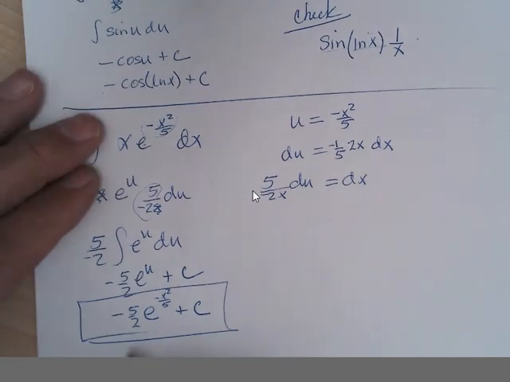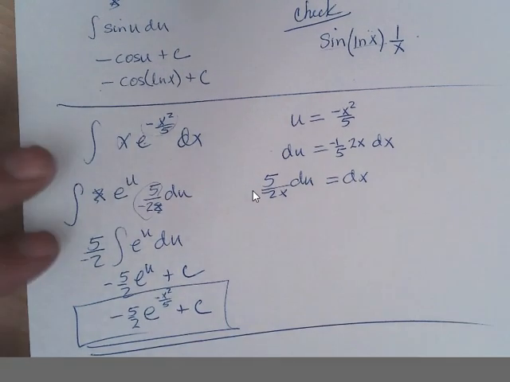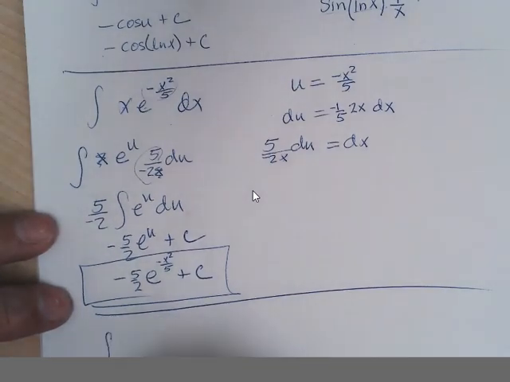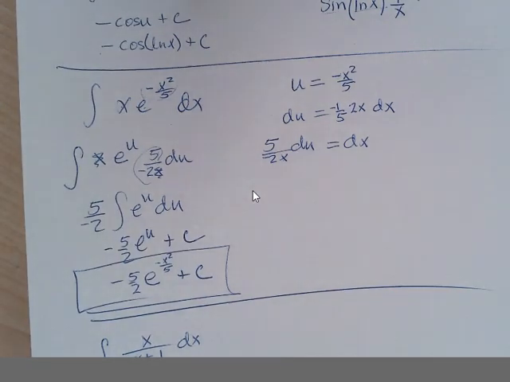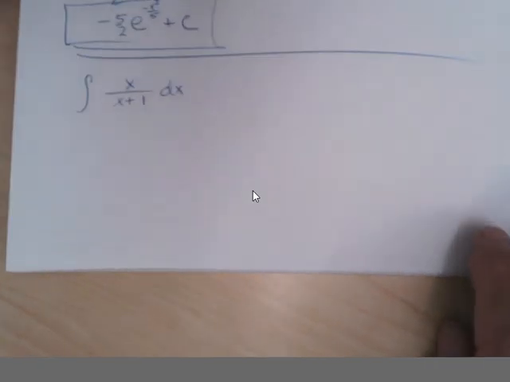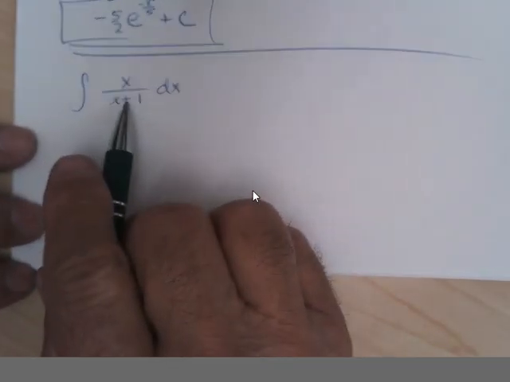And finally, the last one I'm going to do here is the antiderivative of x over x plus 1 dx. And the first thing students love to do is try to make this into two fractions.